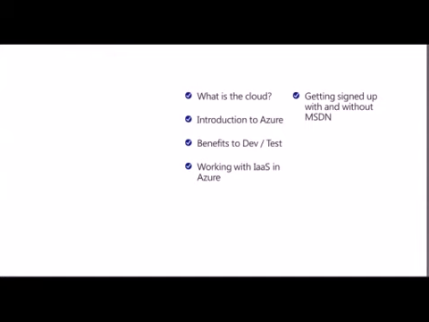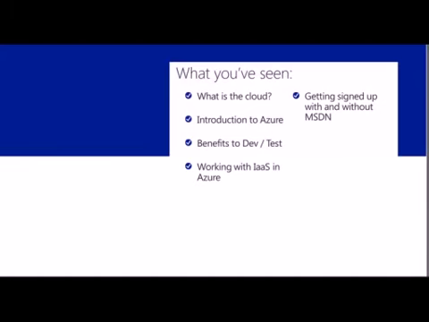You've seen what the cloud is, the benefits to development and testing, and how quickly we can get machines spun up through infrastructure as a service in Azure to then go and create test environments. And you've seen how we can get signed up to Windows Azure with and without MSDN. So I will now pass over to Ian to go through the Team Foundation Service, software as a service piece.